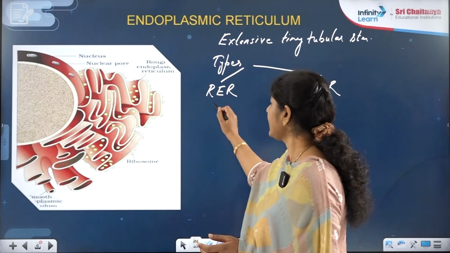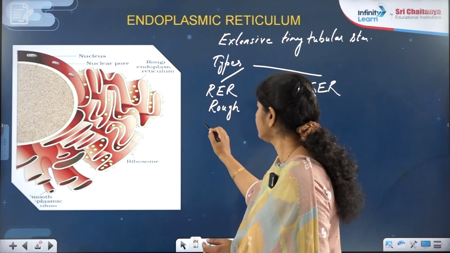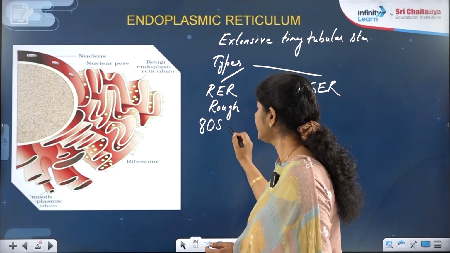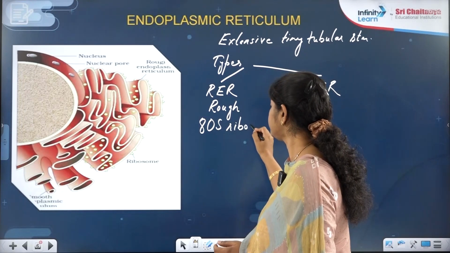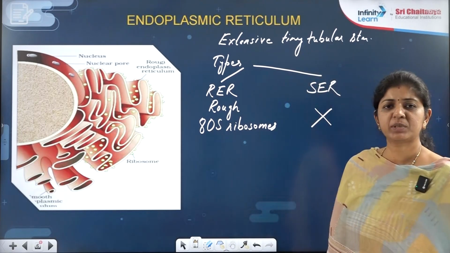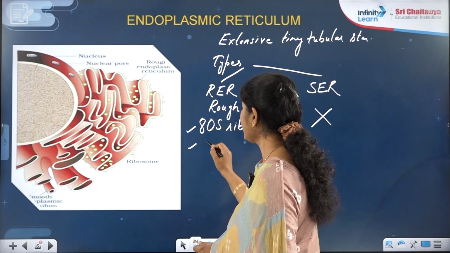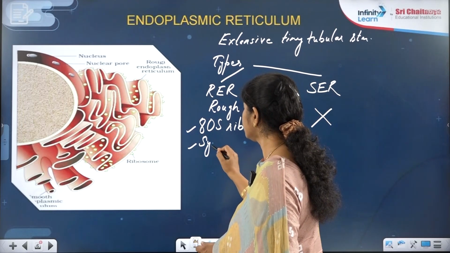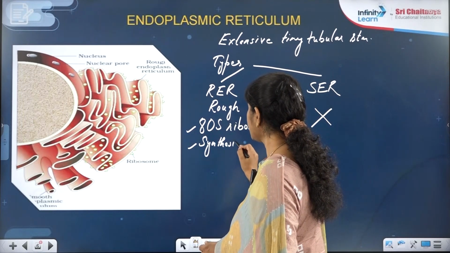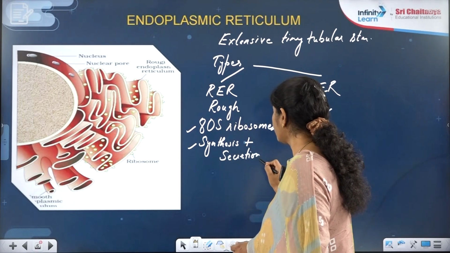Now let's check why its surface is rough. Because it has ribosomes on its surface. But in this case, ribosomes are absent. If ribosomes are present, can I say it helps in the synthesis as well as the secretion of proteins?